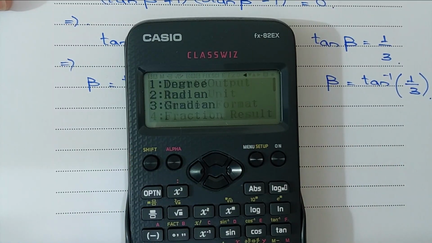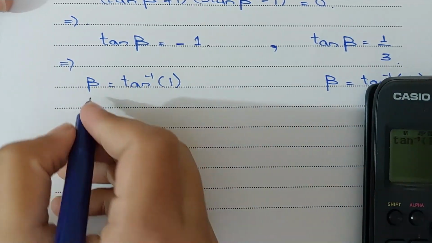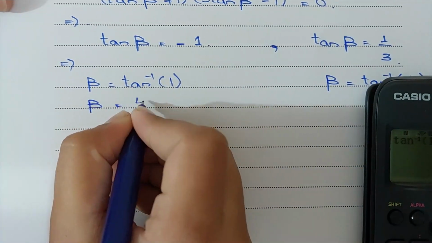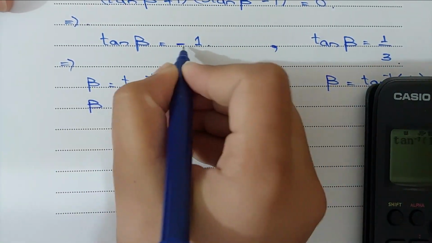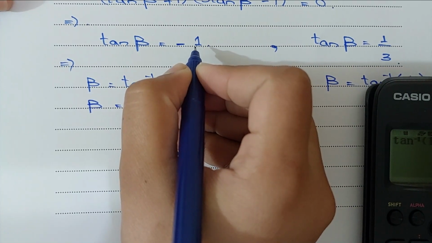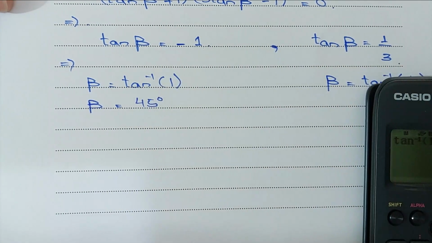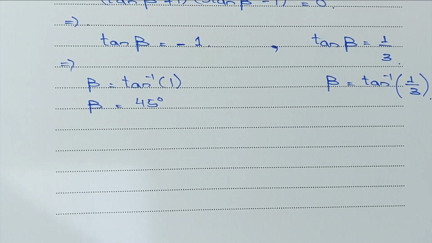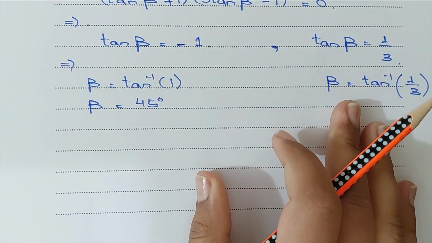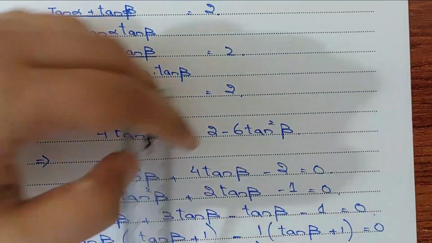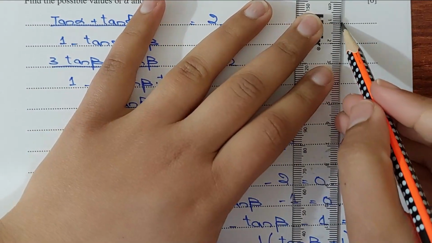Let me convert my calculator into degrees, and tangent inverse of 1 is 45. So here beta is 45 degrees, but tangent is negative over here. So we have to check in which quadrant tangent is negative. So let me draw the coordinate system here by using the CAST rule.